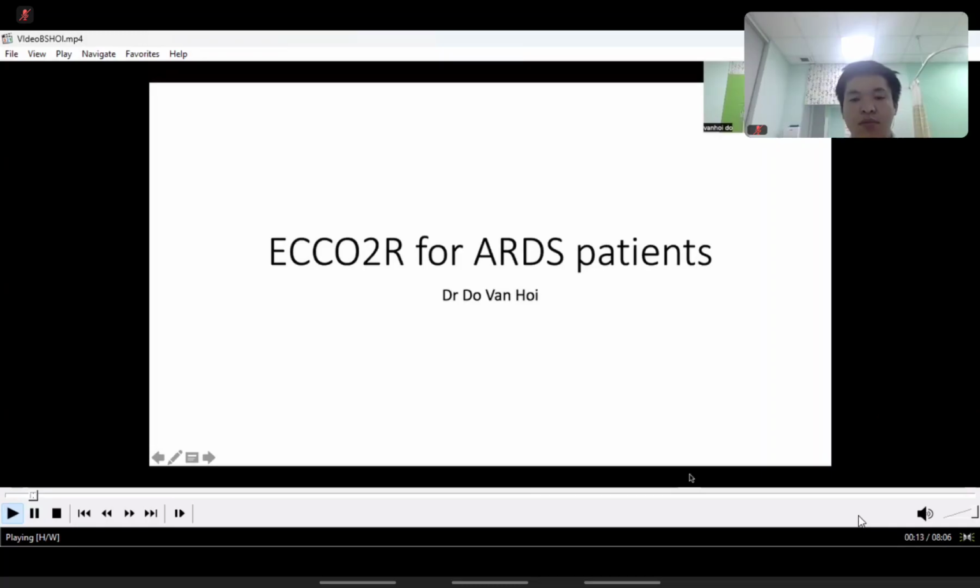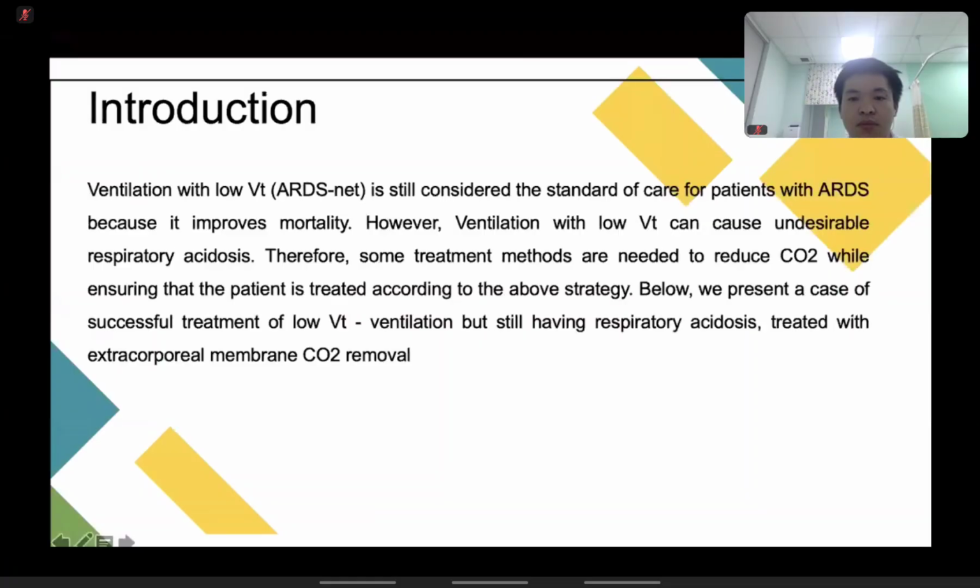Tonight, I will show you the topic ECCO2R for ARDS patients. As you know, ventilation with low VT is still considered the standard of care for patients with ARDS because it improves mortality. However, ventilation with low VT can cause undesirable respiratory acidosis.